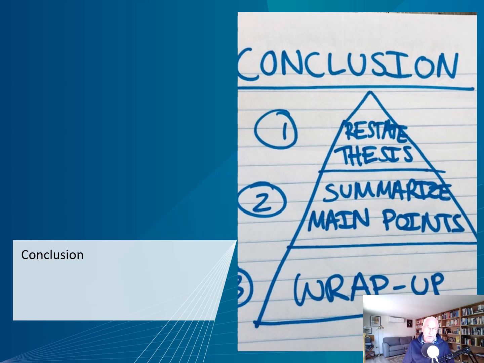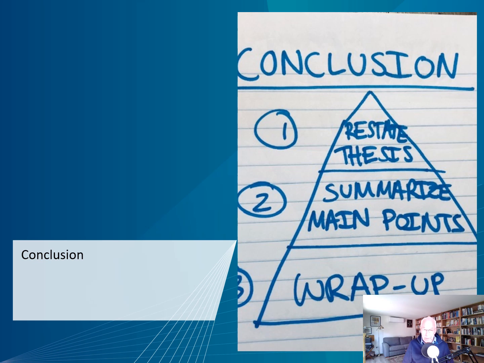The main body of the paper, consisting of the introduction, the methods, results, and the discussion, is where you tell them what you've done, why you've done it, and what you've found and what it means. And then in the conclusion, you've somehow got to do that again, but in a very short space.